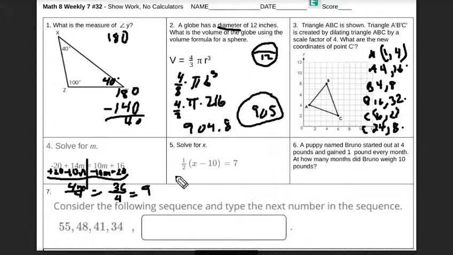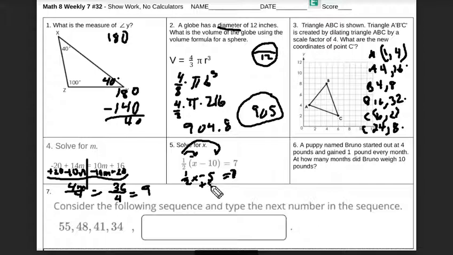Okay, the next one, solve for x, pass it out. Okay, so we're going to have half of x and half of negative 10. So I just call that 1/2 x. And this is going to be negative 5, because half of x is 1/2 of x, and half of negative 10 is negative 5, and that's still going to equal 7. Okay, so let's get rid of this 5.